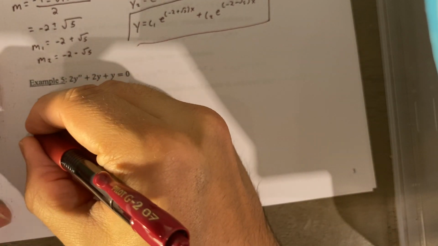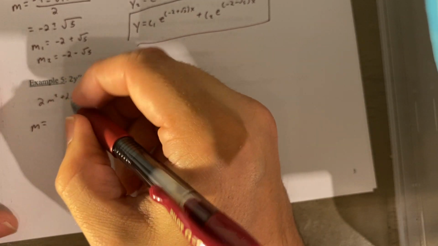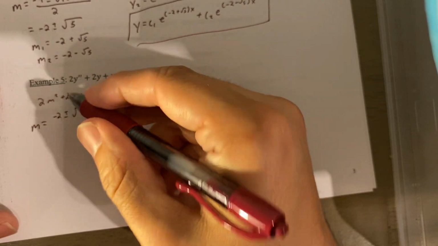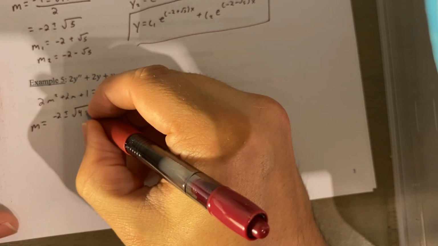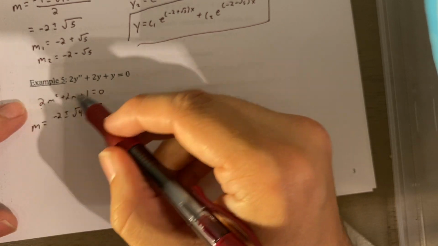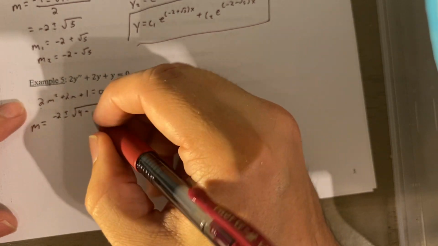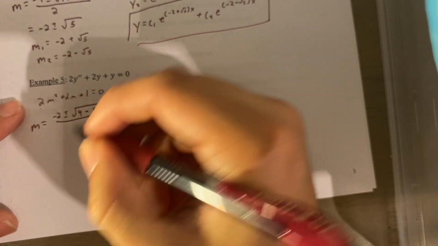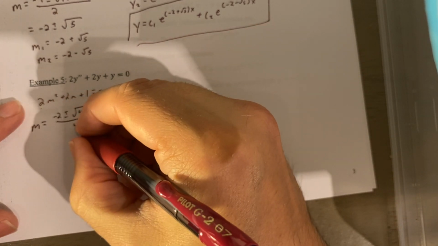So I'm going to say m is equal to negative b, which is going to be negative 2, plus or minus the square root of 4 squared, so 4 minus 4 times a times c, so I'm going to get minus 8, and all over 2 times a, which is 2, so 4.